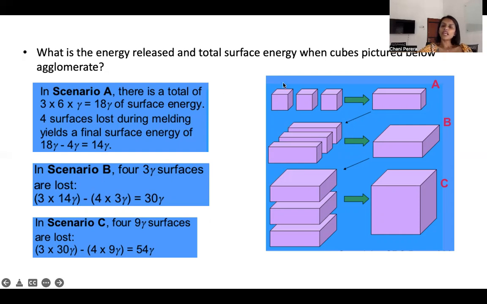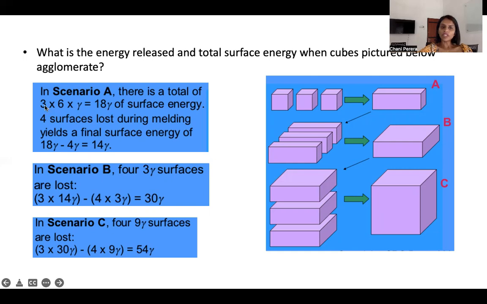So you will have to calculate the total surface area and then multiply it by the gamma value to get the surface free energy for that particular cube. You have 3 such cubes, so you will have to multiply it by 3.